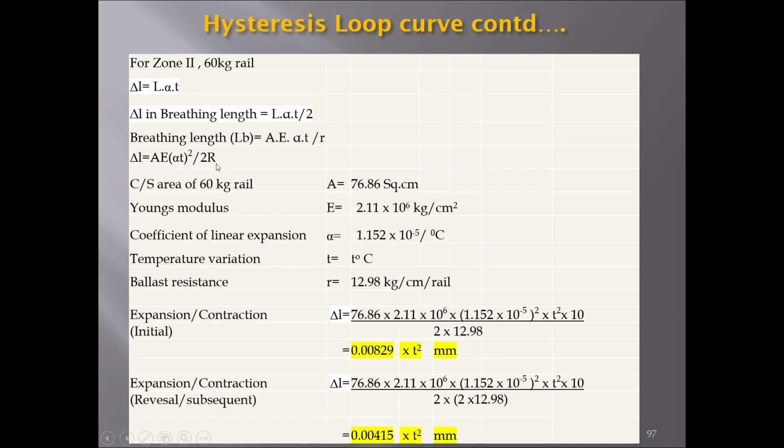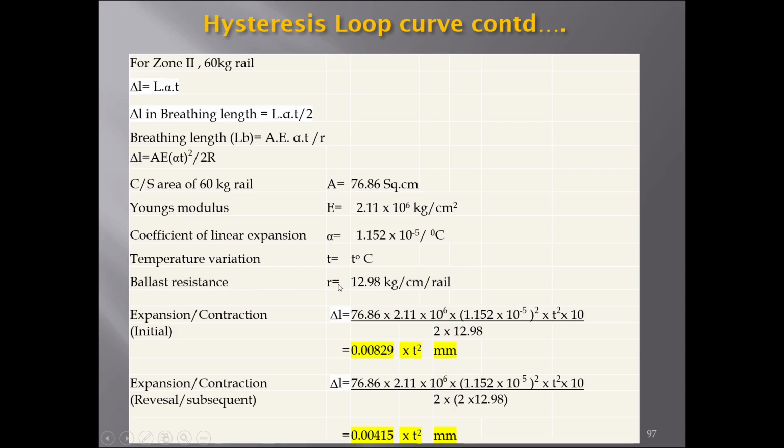Young's modulus for the rail is 2.11 into 10 to the power 6 kg per square centimeter. Alpha, the coefficient of linear expansion, is 1.15 into 10 to the power -5 per degree centigrade. The temperature variation I am keeping as a variable, so we can work it out for 10 degree, 5 degree or 1 degree variation.